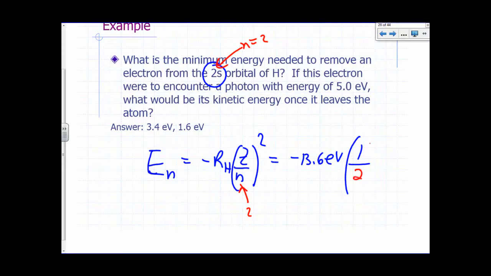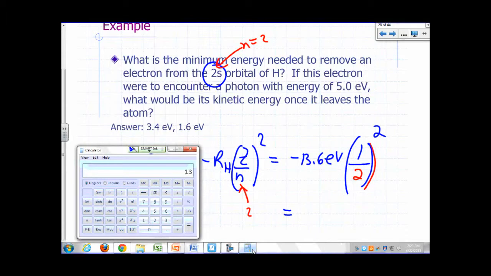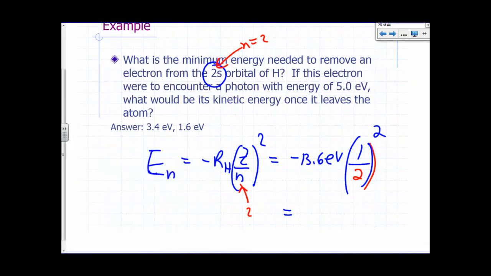So that's negative 13.6 divided by 4, which is negative 3.4 electron volts. That's the energy of your 2s orbital.